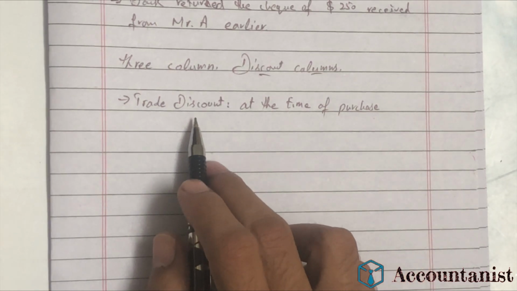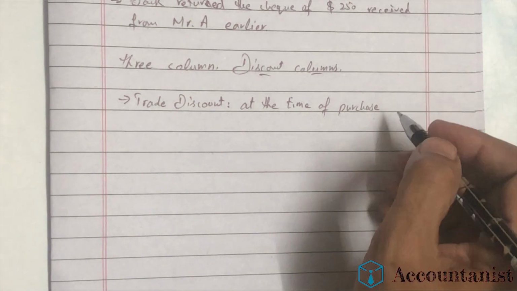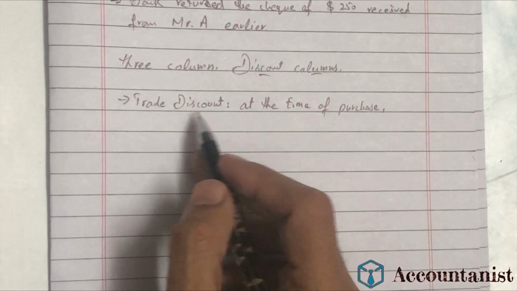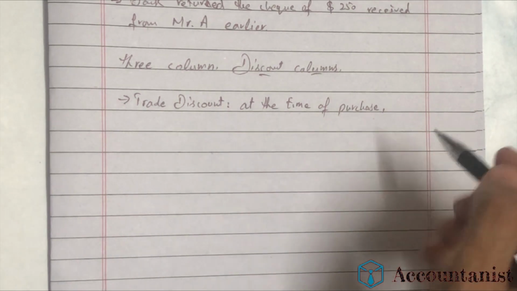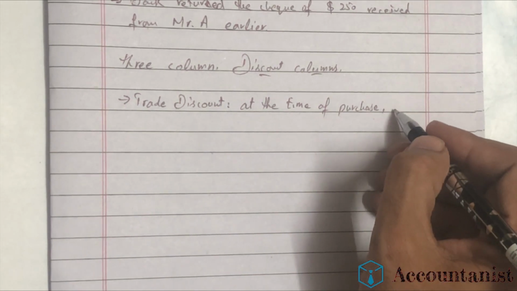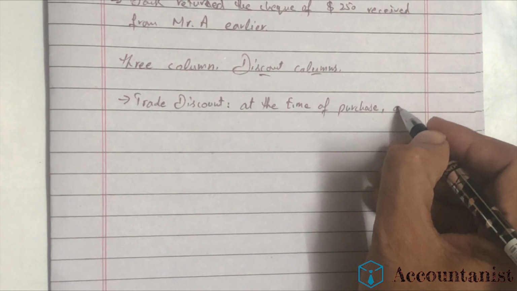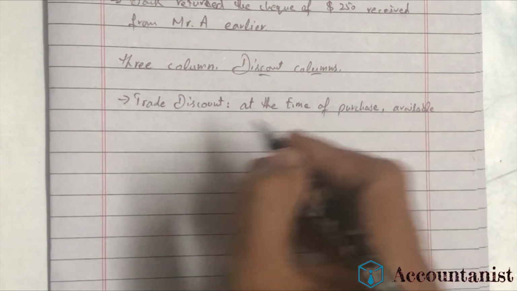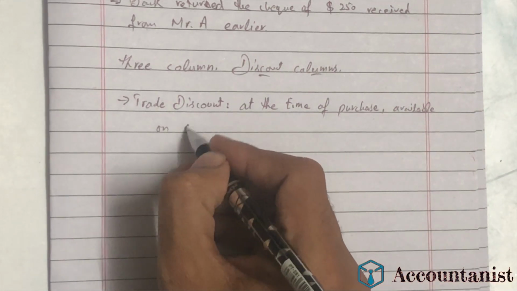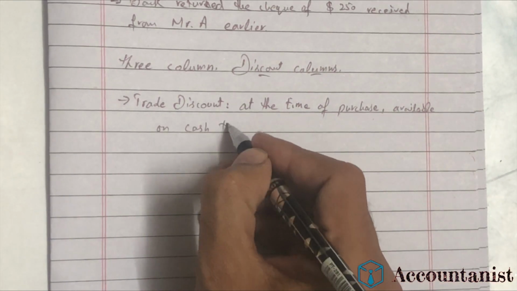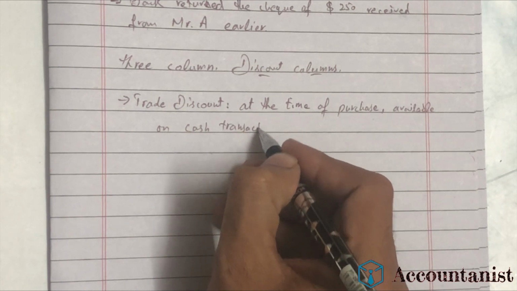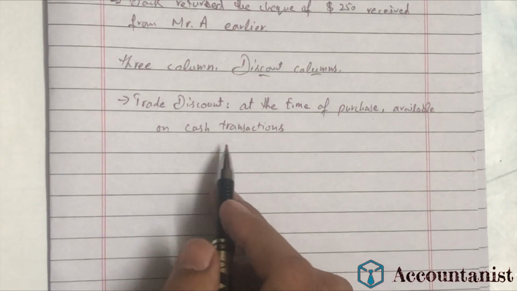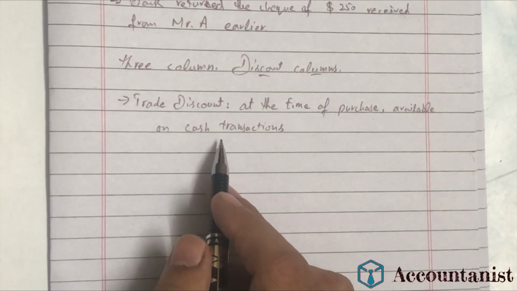The second thing to consider when identifying the trade discount is that it is usually available on cash transactions.